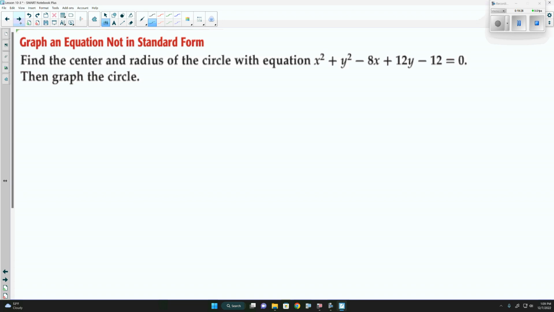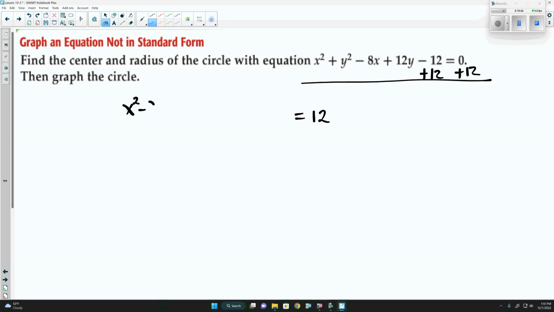So there's 2 things we want to do first. One, I want the constant term by itself. I want the constant term on the other side. And the other thing, so it's equal 12, is I want to get the x's and y's next to each other.